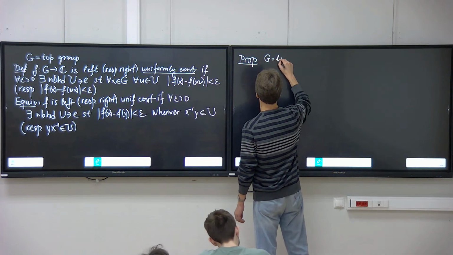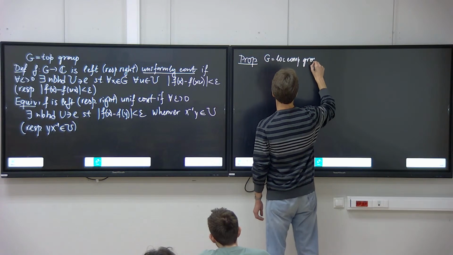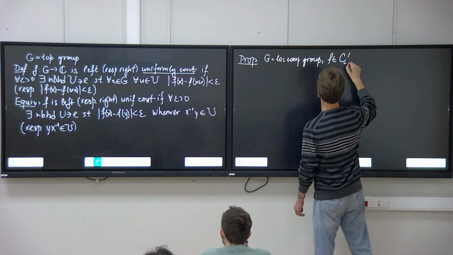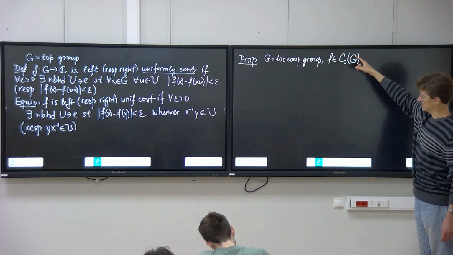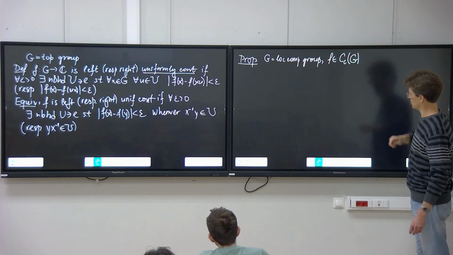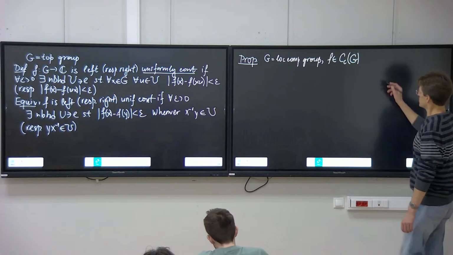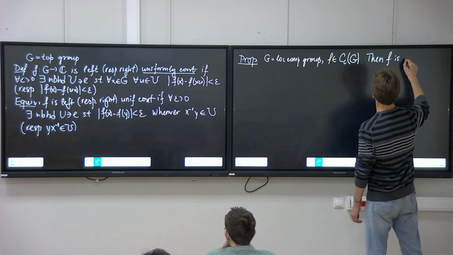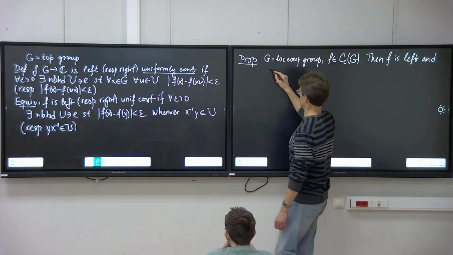Suppose that G is a locally compact group and F is a continuous compactly supported function. So let's recall that this notation means that we consider all continuous functions with a compact support. So I claim that F is left and right uniformly continuous.